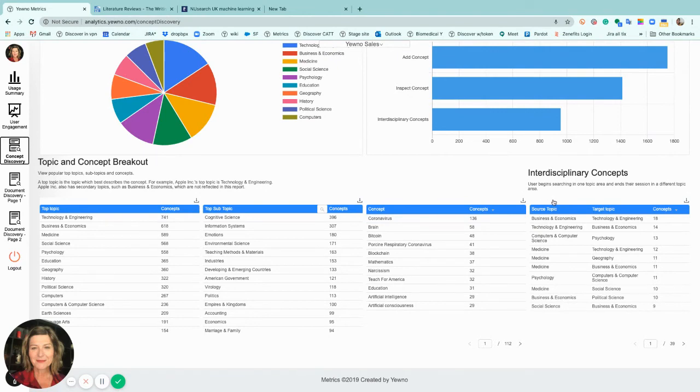And then if they started in one topic and went to another one, what was that behavior? They started in business and economics and ended up in technology engineering. There were 18 occasions of that. And if you notice right here, there's 112 pages of topics, subtopics, and concepts, and there's 39 pages of where the user moved from a source topic to a target topic.